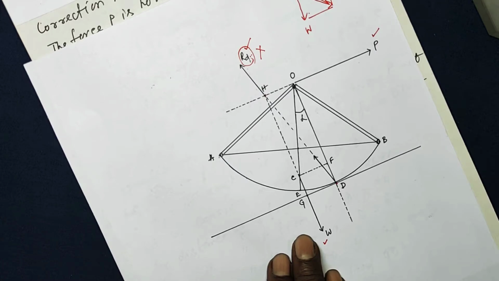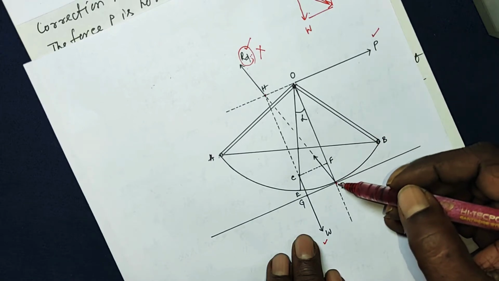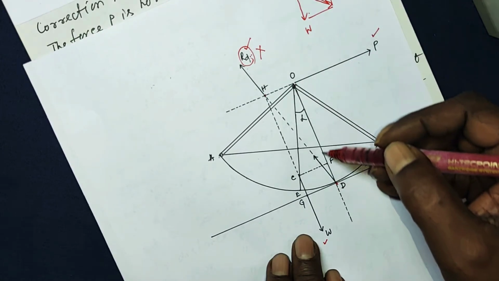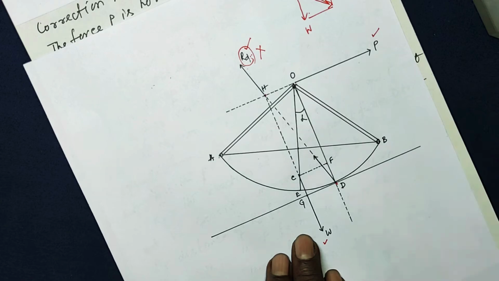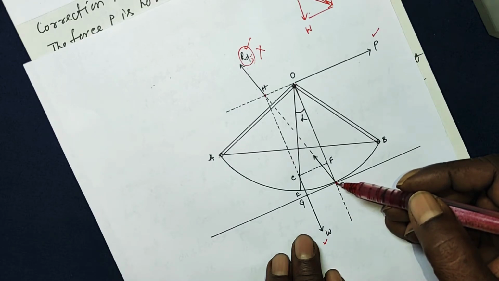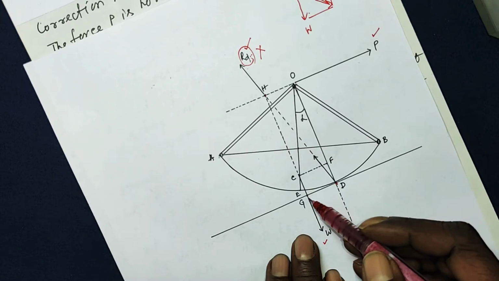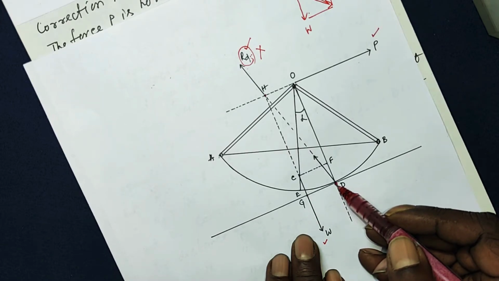So we are left with two more forces. P has a perpendicular distance from D equal to OD, that is the radius of the rocker, and the weight W from the point D has a perpendicular distance GD. From here to here, GD has this perpendicular distance.